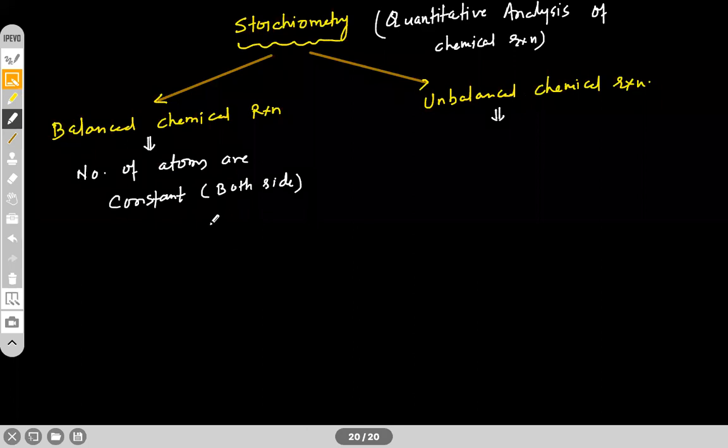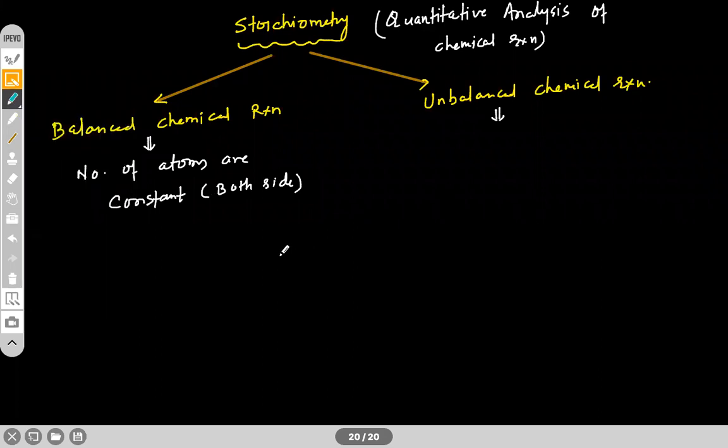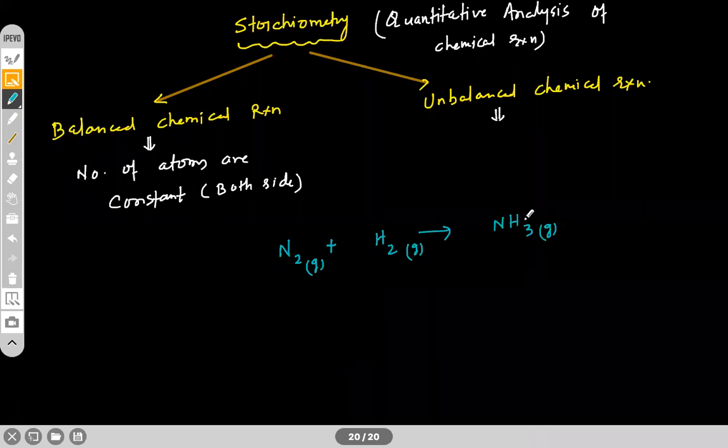Now, for example, you see, if I write down this reaction, let us understand this with the help of this example. N2 plus H2 gives NH3. Right? N2 gas state, if you do not write, it's fine. We are not discussing the state of this species.